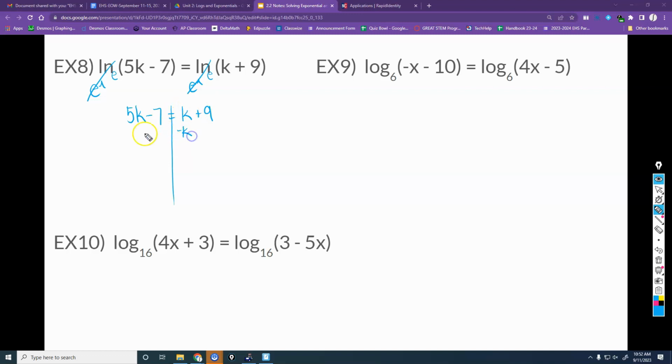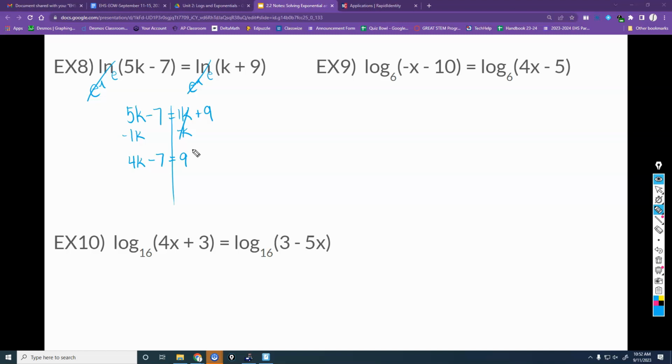So I would subtract this k right here. It's like a 1k, right? You could move the 7. You would need to add it if you did. But this will give you 4k minus 7 equals 9. I have found that students run into fewer problems if they move their variables first, then deal with the other numbers. Okay?